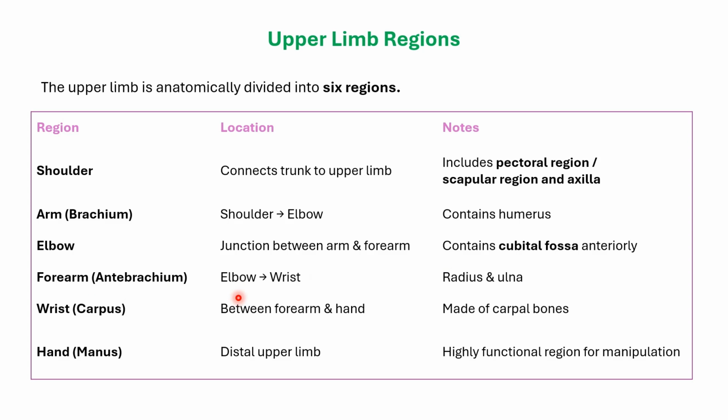The forearm extends from elbow to wrist and includes the radius and ulna. The wrist, between forearm and hand, is made of carpal bones, and the hand is the distal upper limb and it is a highly functional region for manipulation.